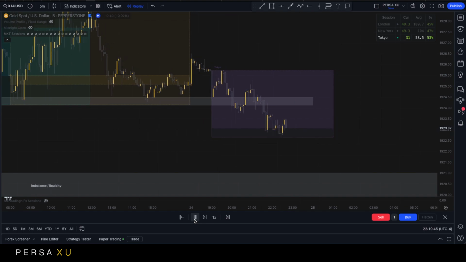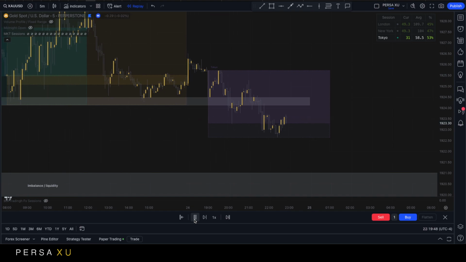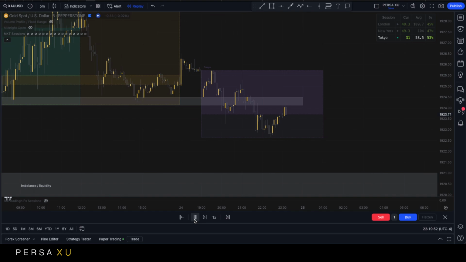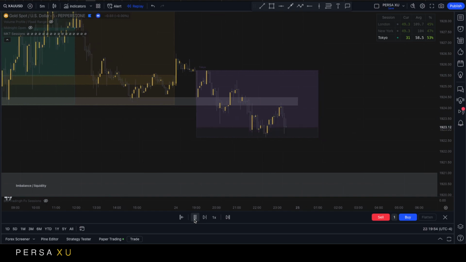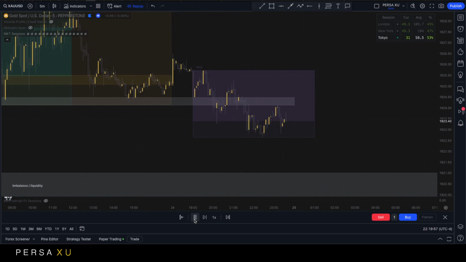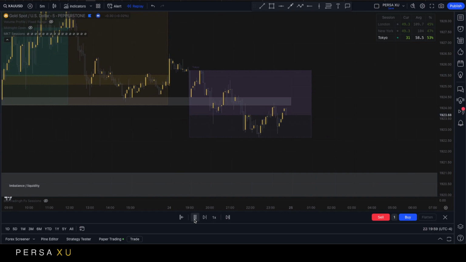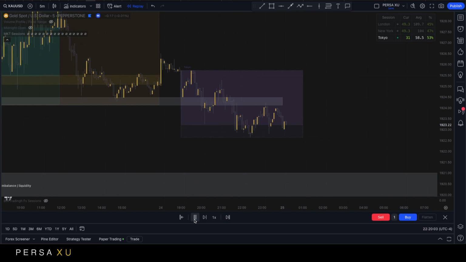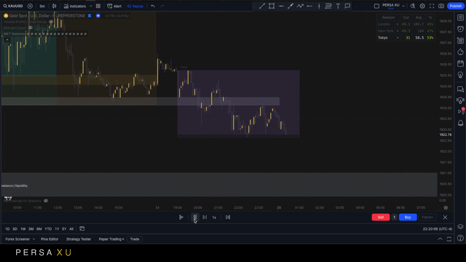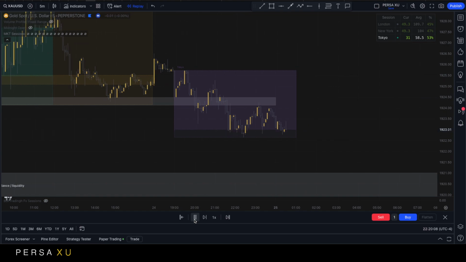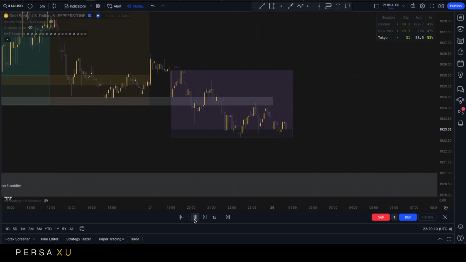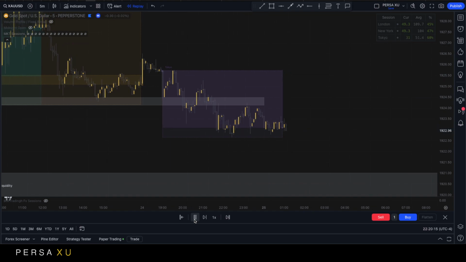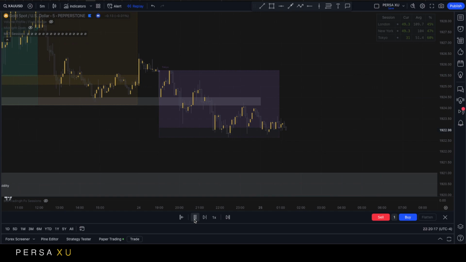Tokyo created that low, and it went back up to retest the support that it broke. It made a double bottom short term right there. I guess you just start studying the market however you decide and you wish, and soon we will see London coming into the picture.